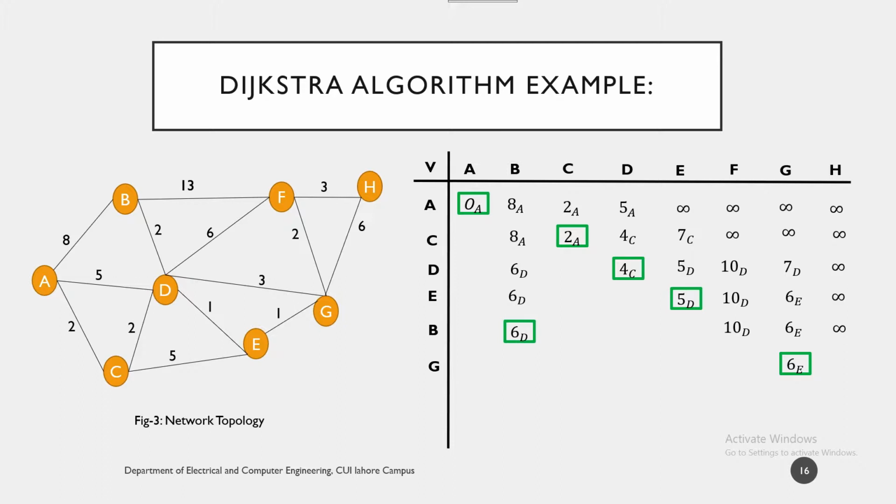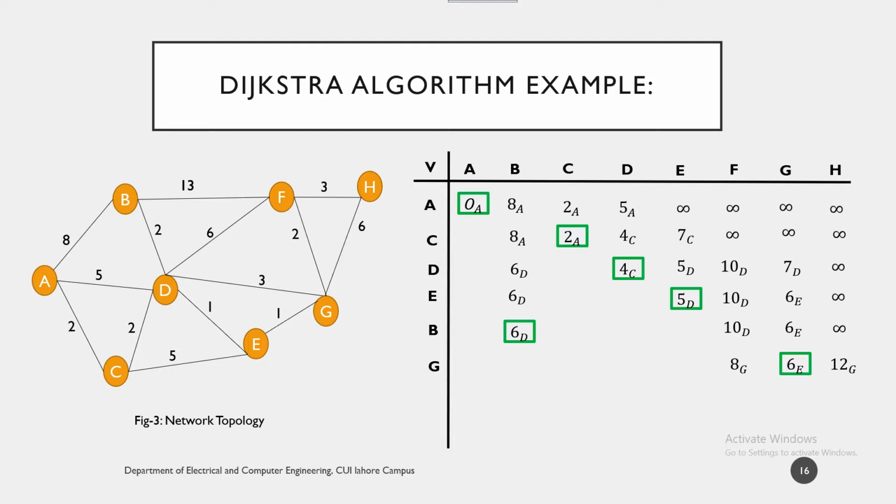The values under the column A, B, C, D and E are already fixed, so we consider the point F here. G is connected with F with a distance of 2, so 2 plus 6 is 8. We write it down as it is less than the previous value 10D and change its subscript from D to G. G is directly connected with H, so 6 plus 6 is 12G.